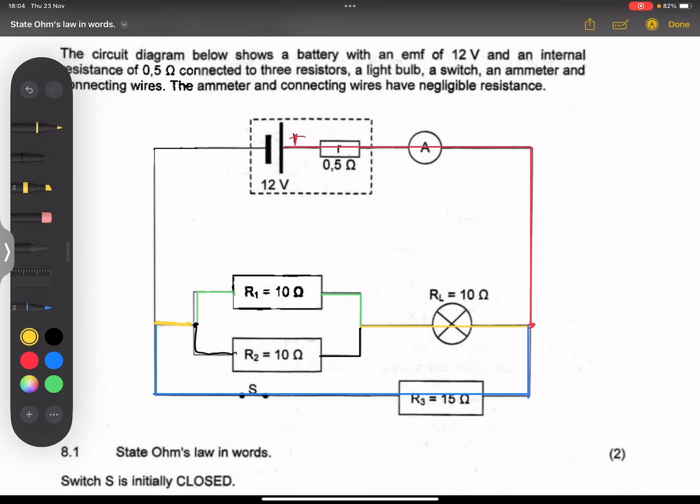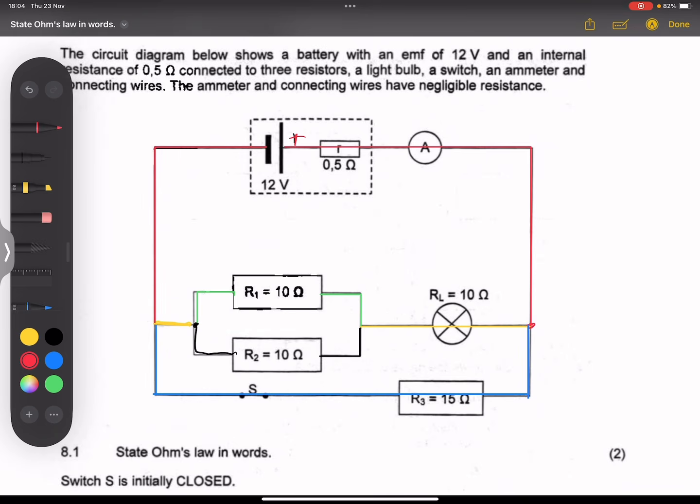And again we've got the blue current and the yellow current meeting, and they had split at that point. They're forming the red current again, and that's what goes back into the battery.